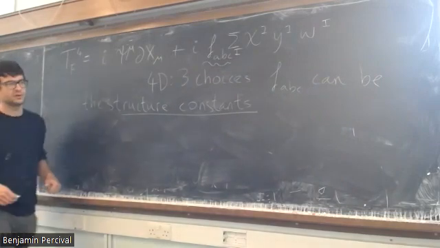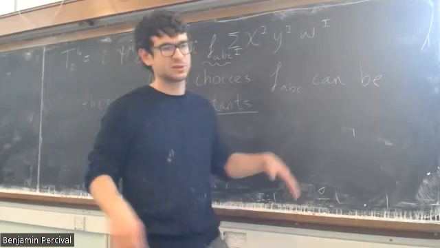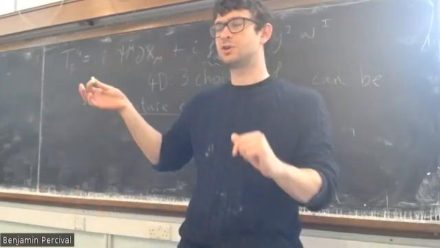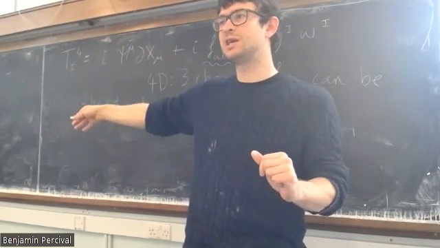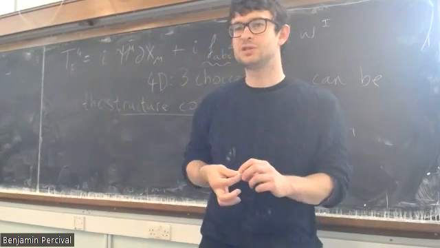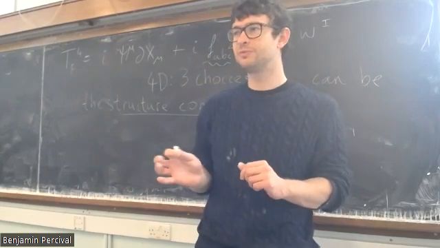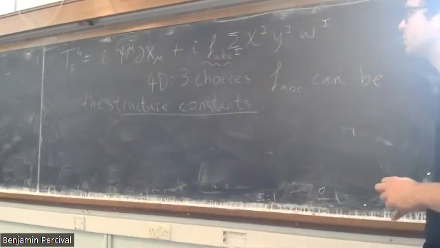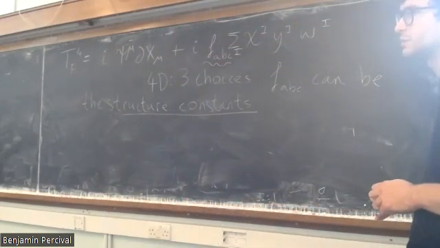If you had SU2, you'd have the commutator of the generators of SU2, and then structure constants of SU2 times the other generator. Sometimes you can just think of the structure constants as a way of defining a group, and defining a representation of the group.